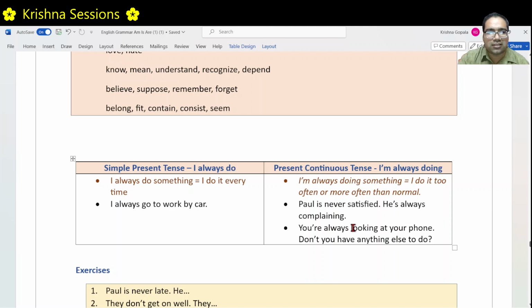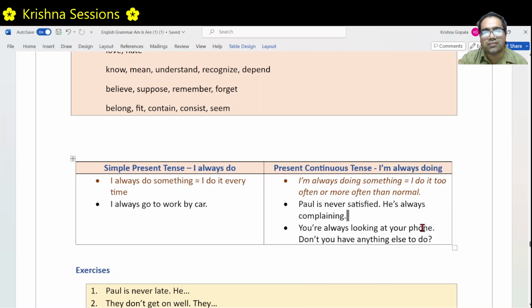It is not that this person is looking at his phone every 5 minutes or daily from 7 o'clock to 8 o'clock. This is about more frequent usage of the phone. That's why in these cases we will say always doing.